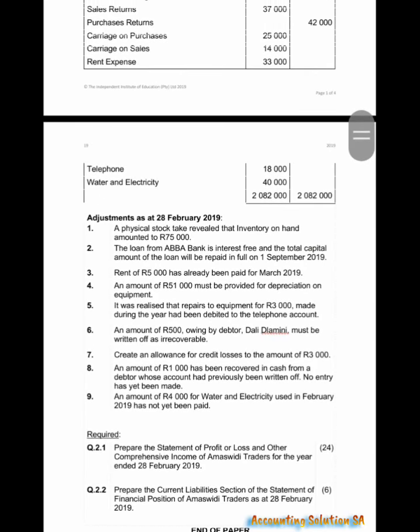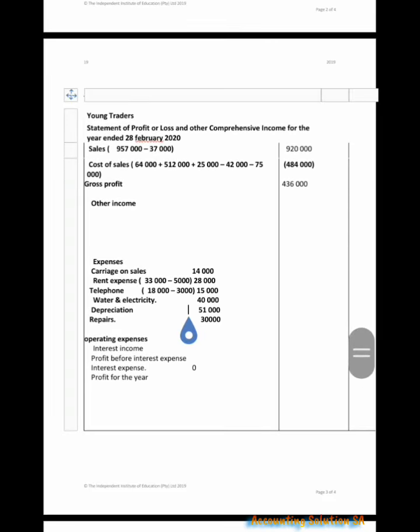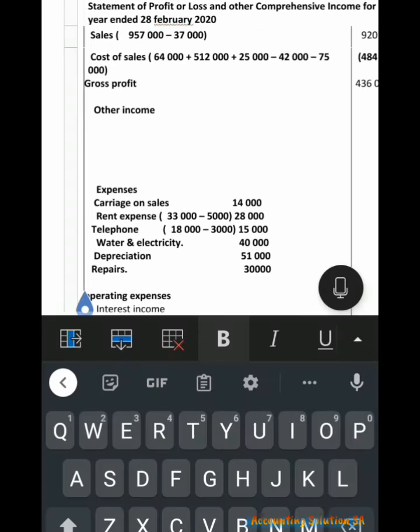Okay, then we have number 6. They said an amount of 500 owing by a debtor daily must be written off as irrecoverable. So in this case, we face a debtor who was not paying us. Then we decided to write off the person. So we call it a bad debt, or credit loss.